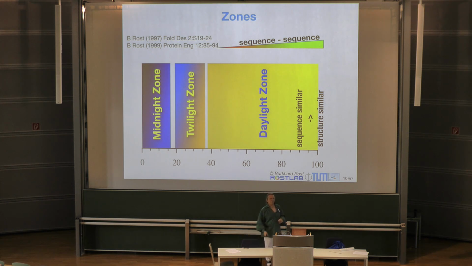Is it possible that because of the evolutionary past, in the midnight zone, if you have a similar structure, it's more likely to be encoded differently? Yes, so ultimately what we are talking about here, if we saw a pair of proteins that have, say, 2% sequence identity, and yet they have similar structures, how did that happen? Did it happen by divergent evolution?